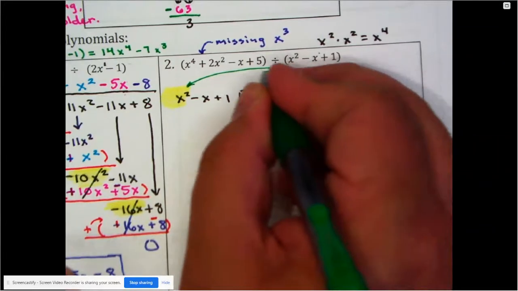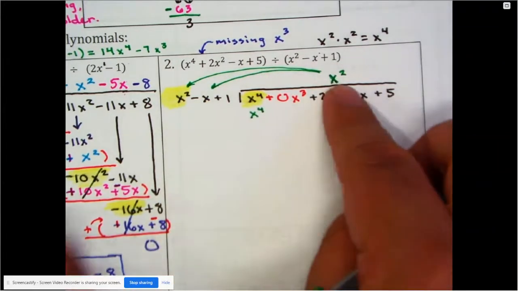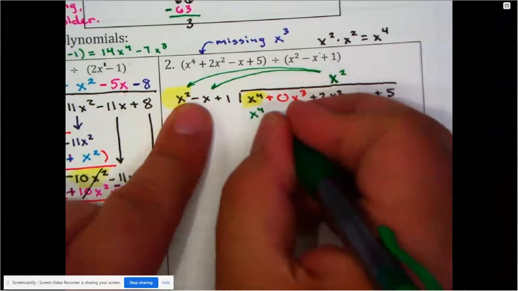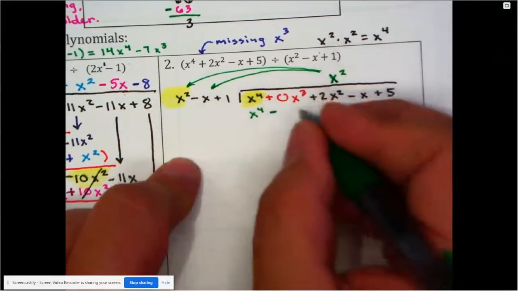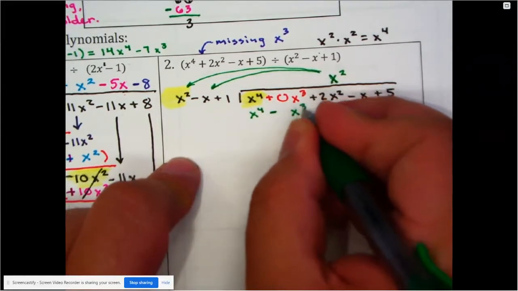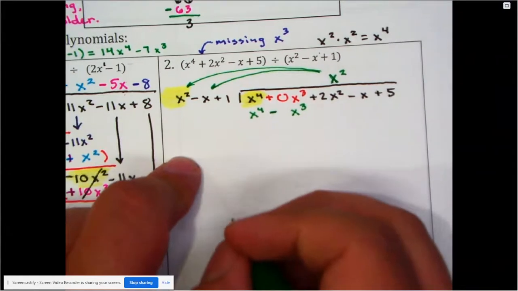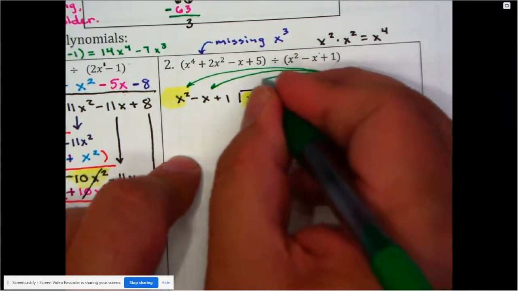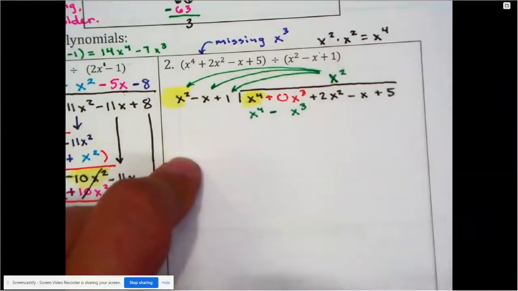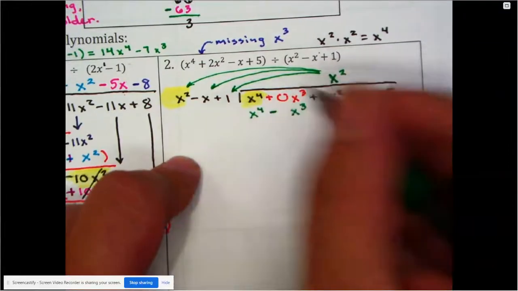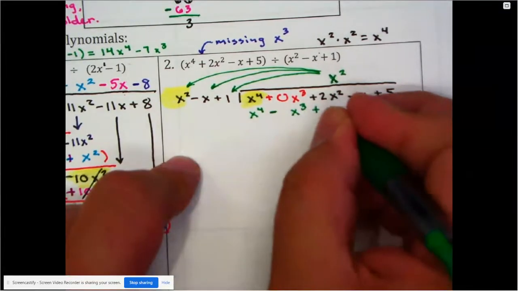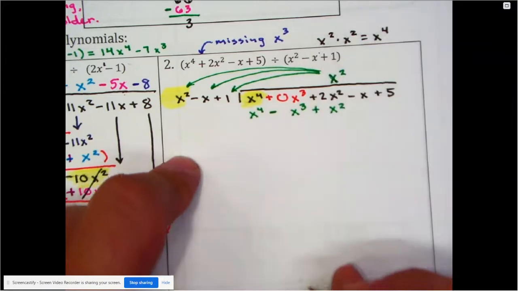We're also going to multiply here. So a positive times a negative is a negative. X squared and x, there it is. Look at that lineup. X to the 3rd. And then we do have one more. This is a multiplication 3 times. X squared times 1 is just x squared. Look at that lineup. That's what we want.